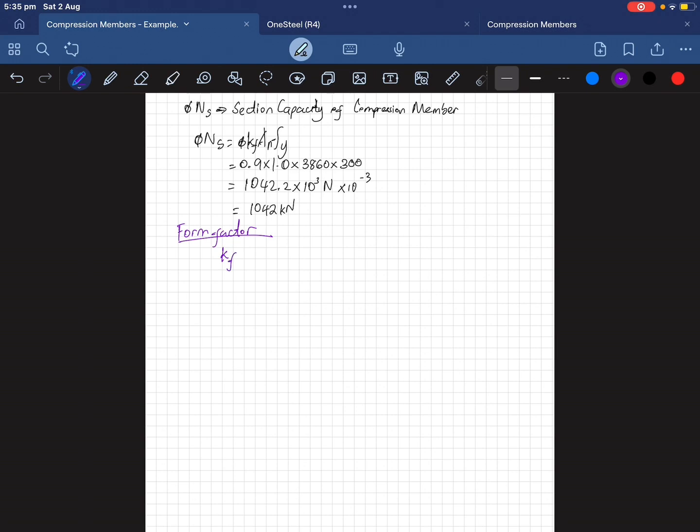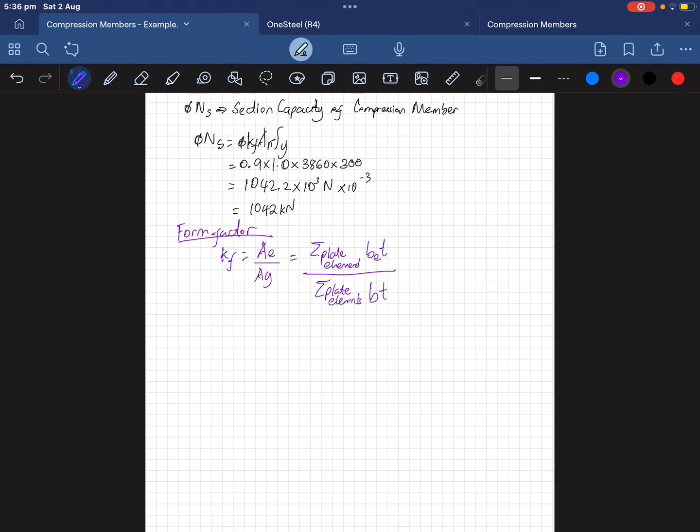KF is equal to effective area over cross section area. So it's a ratio of the effective area over the cross section area, which is the sum of plate elements, effective width times thickness, and then again divided by the cross section area.